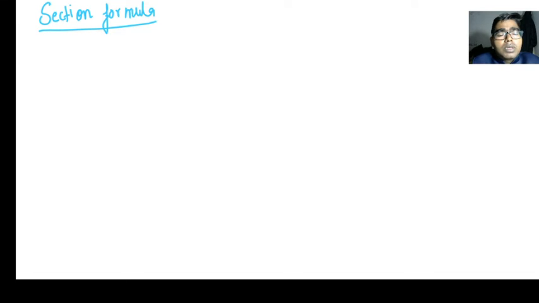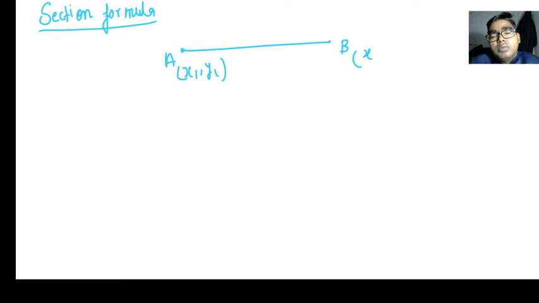Section formula. Simply suppose that it is a line with points A and B. The coordinates of point A are x1, y1, and the coordinates of point B are x2, y2.